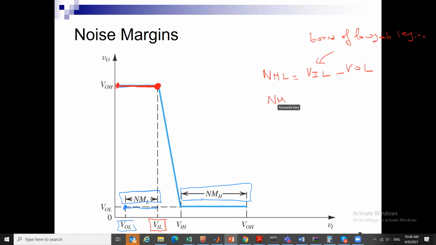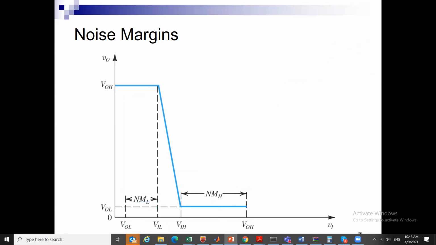And the noise margin high is limited by VOH and the lowest possible input before which I hit the high gain region, which we define as VIH. So the noise margin low is VIL minus VOL, and the noise margin high is equal to VOH minus VIH.